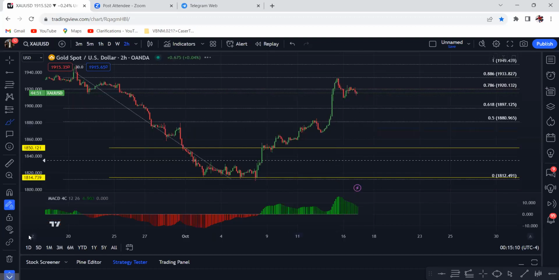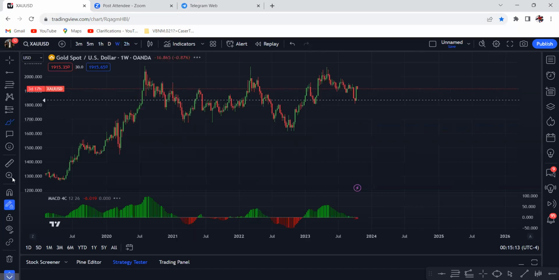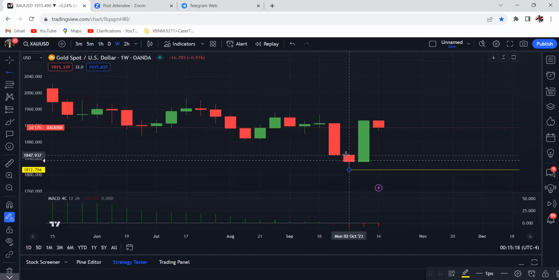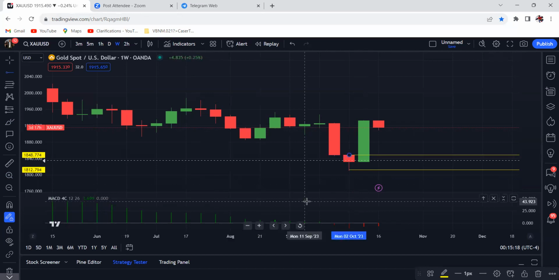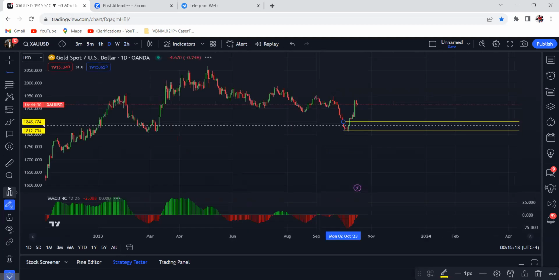Gold had an amazing move to the upside last week, right? So, last week's candle. Now, you don't have to do the daily.